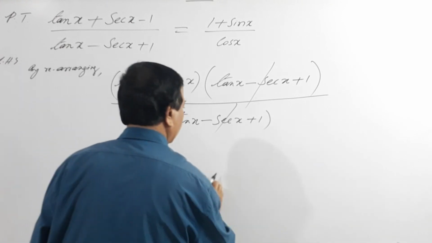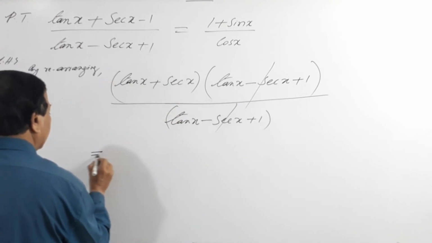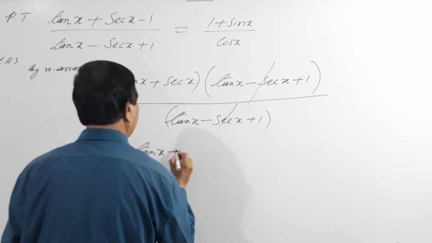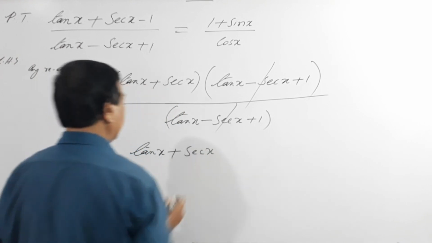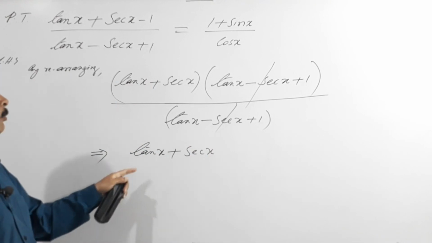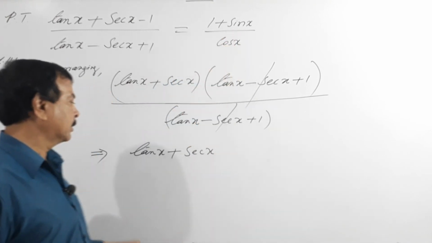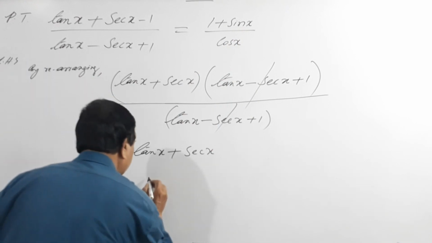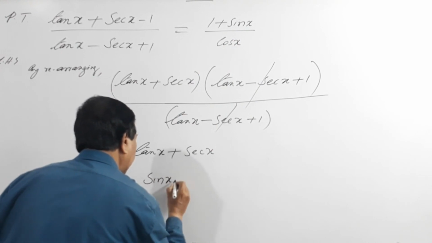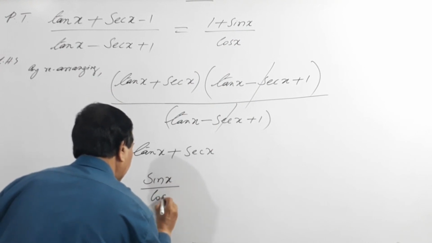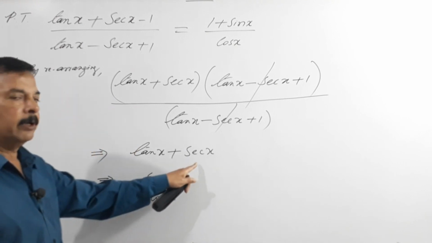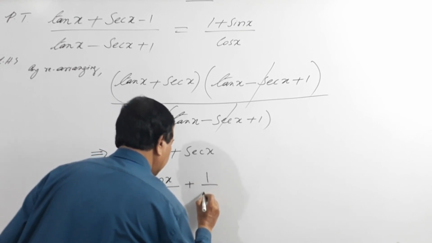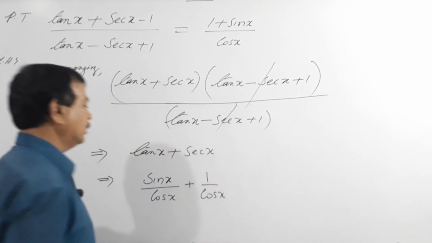So we are left with tan x plus secant x. What he wants? 1 plus sin x by cos x. We got it. So what is tan x? Sin x by cos x. What is secant x? 1 by cos x, because of reciprocal.